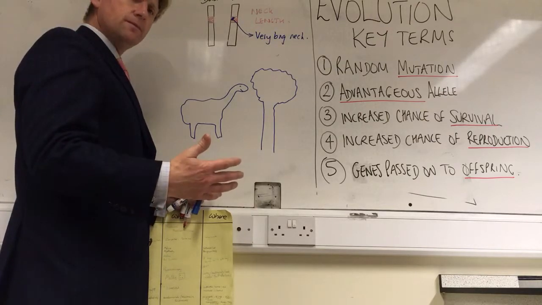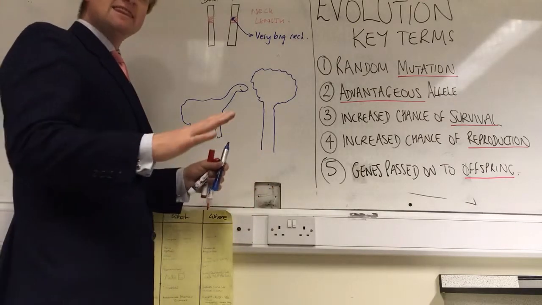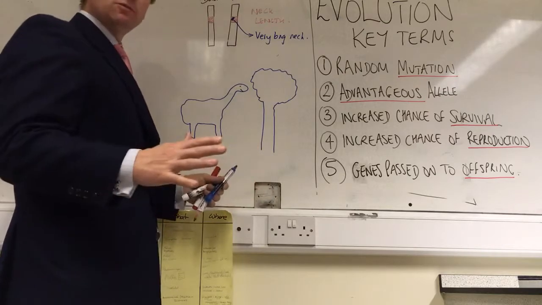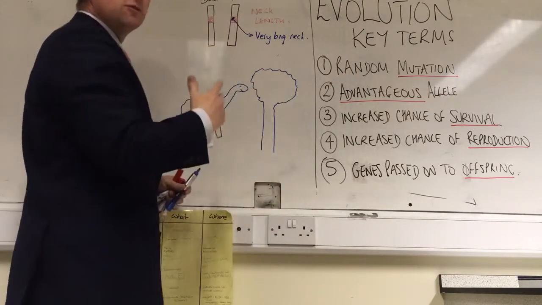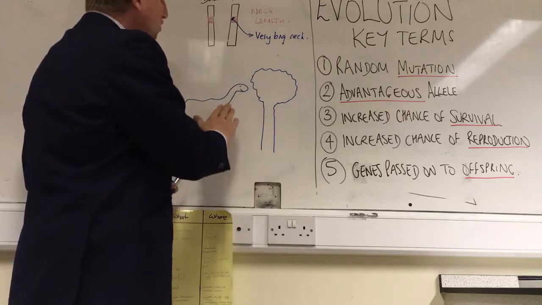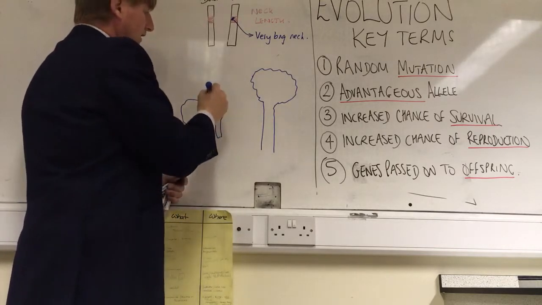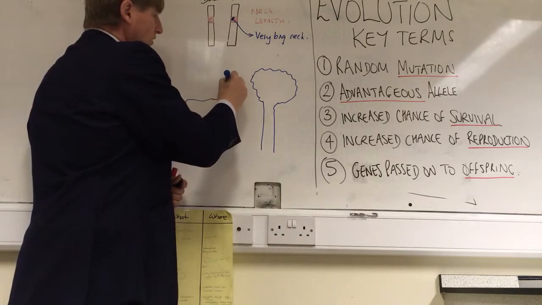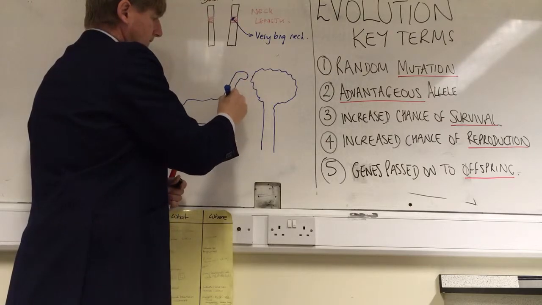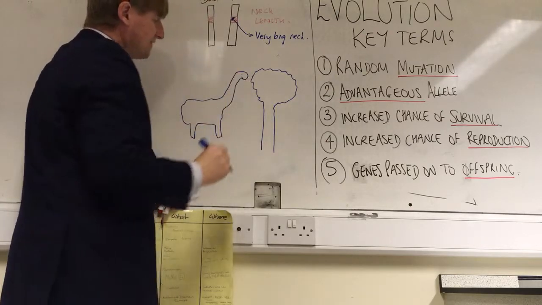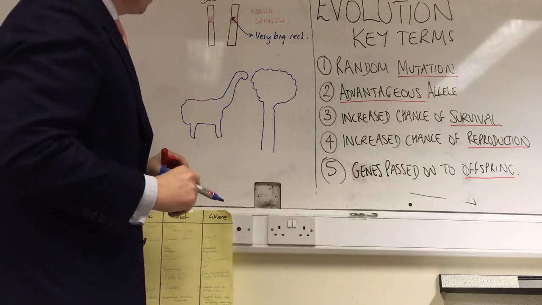Evolution is random. We might wait 1,000 years, 10,000 years, 1,000,000 years possibly, before another mutation randomly happens, which could be in the father or the mother's DNA, that gives an even longer neck. And this is an advantage. And the whole process starts again.